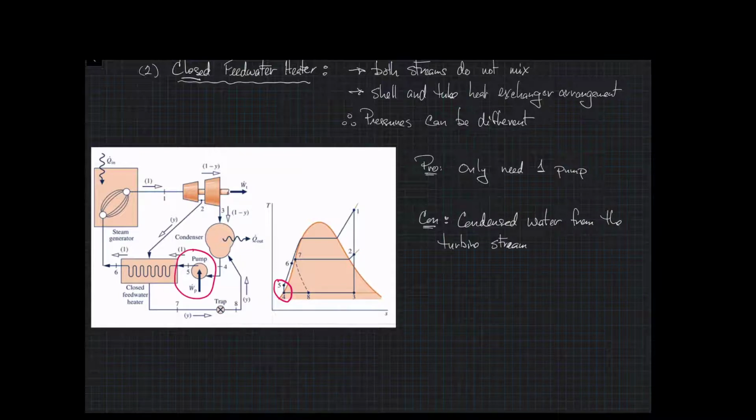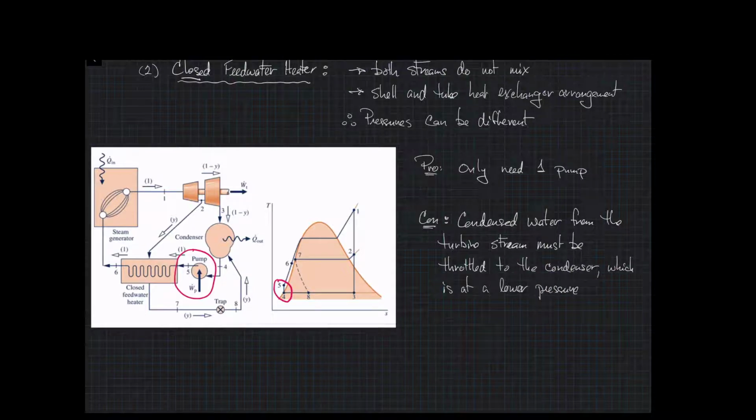And that throttling process, because it's at a lower pressure than the intermediate pressure that the turbine steam and condensate is at, produces large irreversibilities in the system, as you can see on the TS diagram there, between 7 and 8. And that large irreversibility is an increase in entropy in our system.